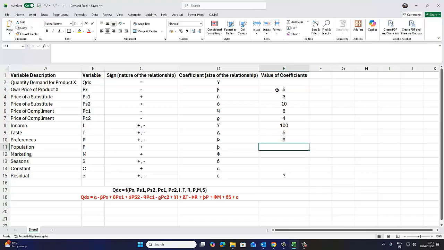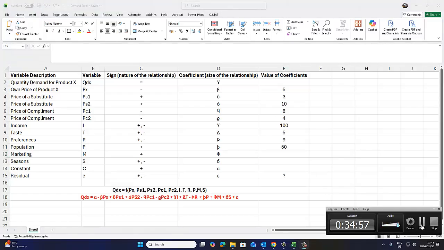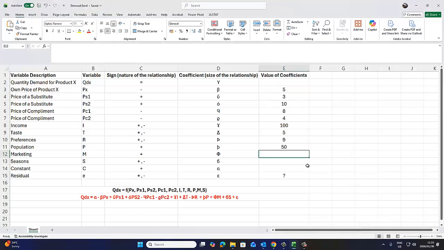Population is, let's say, 50 people. And then we have to put in our marketing value now. This unknown parameter, we said that marketing is positive, so let's give it a value of 12.